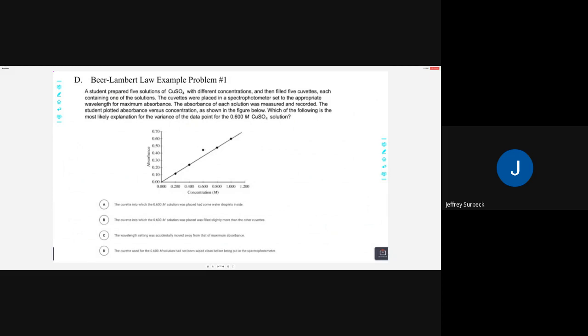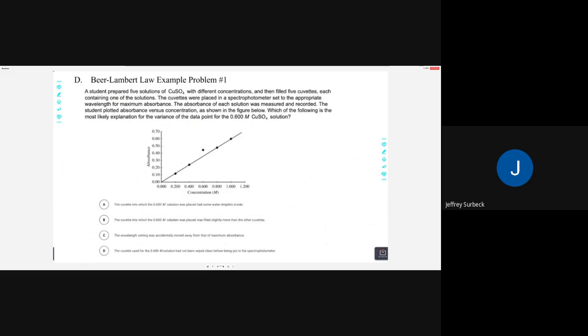Probably not, because again, it's absorbing more. So if we are absorbing more, does it mean a higher or lower concentration? Higher, okay? So A is not a very good option because more water would technically dilute what's inside the vial.